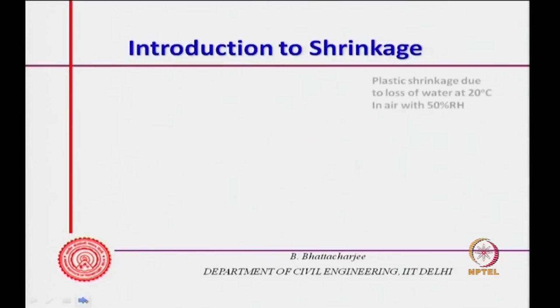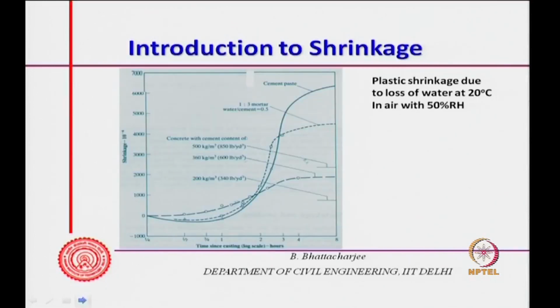Plastic shrinkage is due to loss of water at 20 degrees centigrade and 50% RH. This diagram shows this.